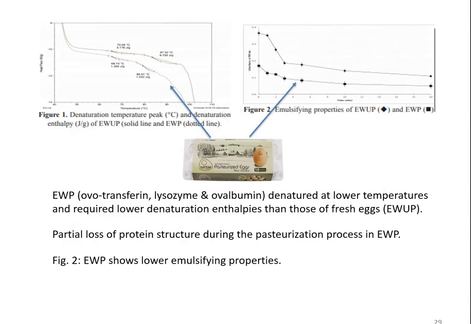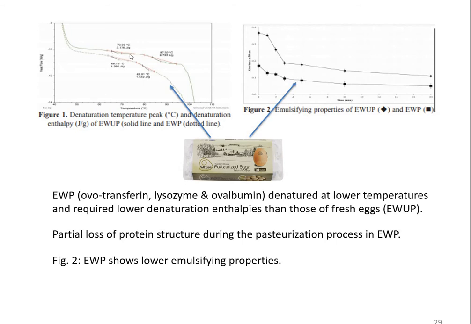So we used this instrument called the differential scanning calorimeter, DSC, that measures the temperatures of denaturation and also measures how much enthalpy, the energy required to cause the denaturation.